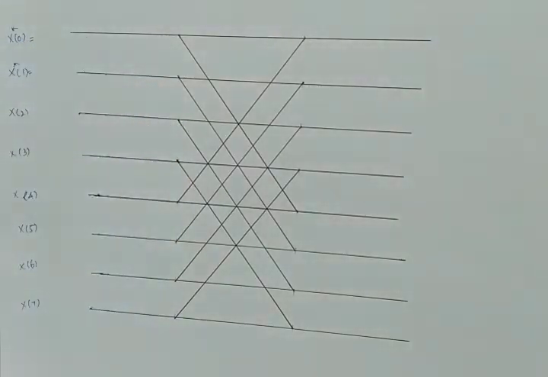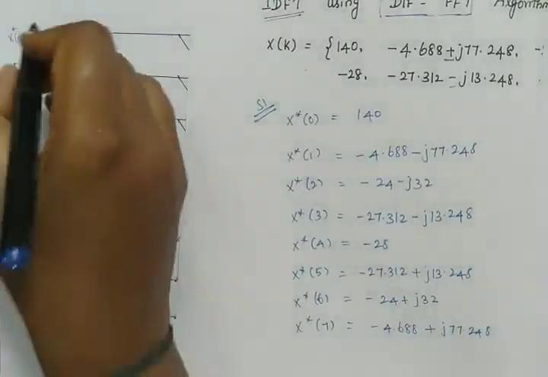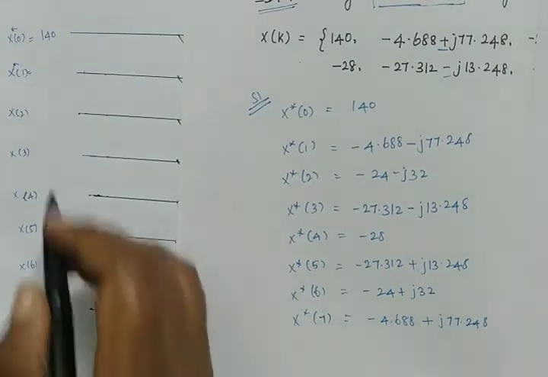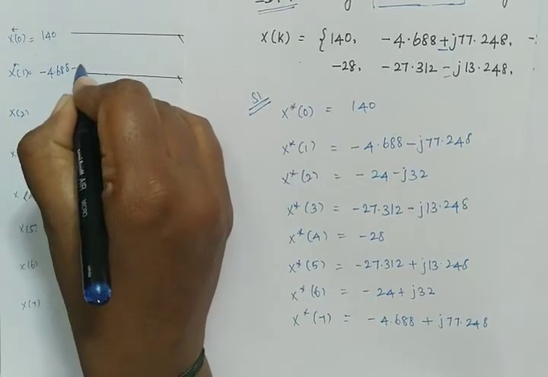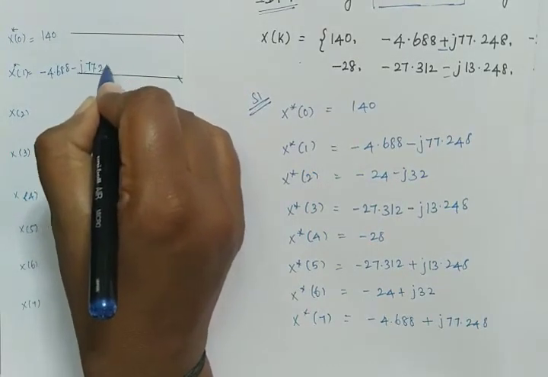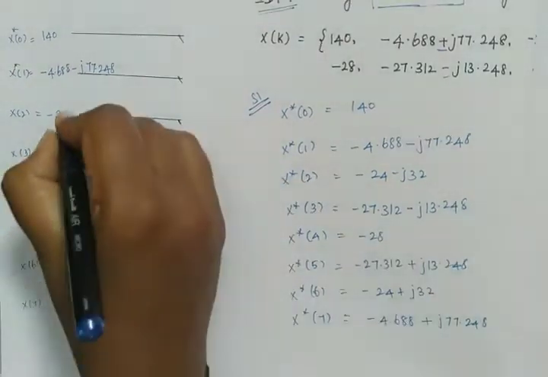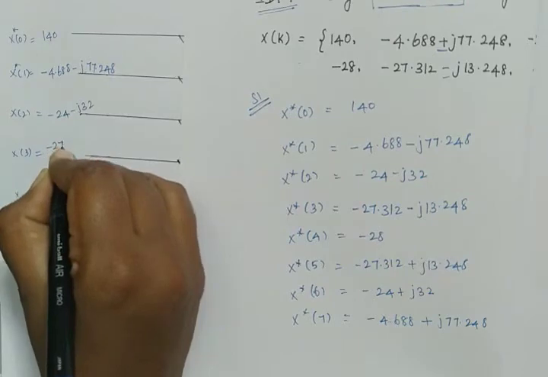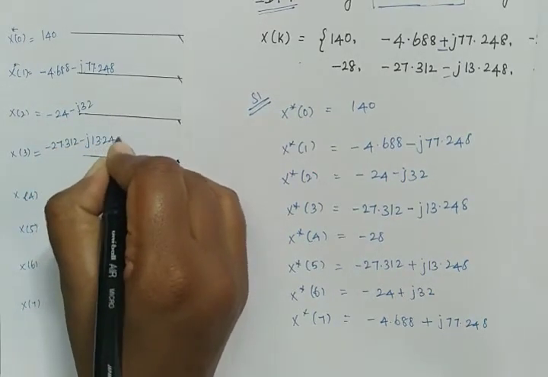What is x of 0? Now refer to our previous values and copy down from that. x of 0 is equal to 140. Then minus 4.688 minus j77.248, and minus 24 minus j32, and x of 3 is minus 27.312 minus j13.248.